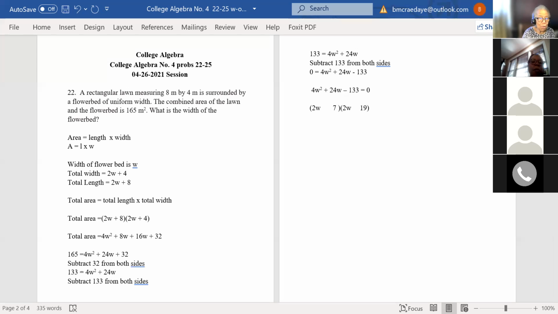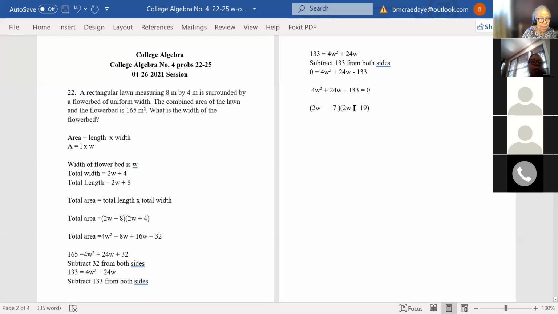Now, we have 24. So we know our bigger number has to be plus, right? Because this has to be 24W. So when you multiply these numbers by the 2W and add them, you should get a plus.